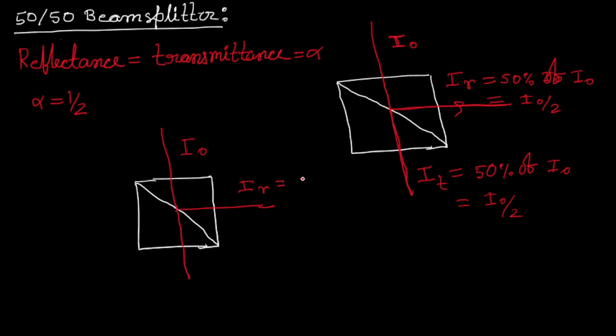The reflected light will be alpha times I naught, and the intensity of the transmitted light will also be alpha times I naught. What is alpha? Alpha is the reflectance and transmittance. For a 50-50 beam splitter, they will be equal, and that value will be half. Whenever light is incident on this beam splitter with intensity I naught, the intensity of the reflected light will be alpha times I naught, and the transmitted light will also be alpha times I naught. Using this concept we can solve this problem very easily.